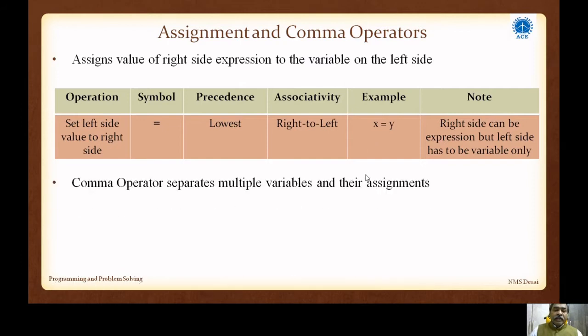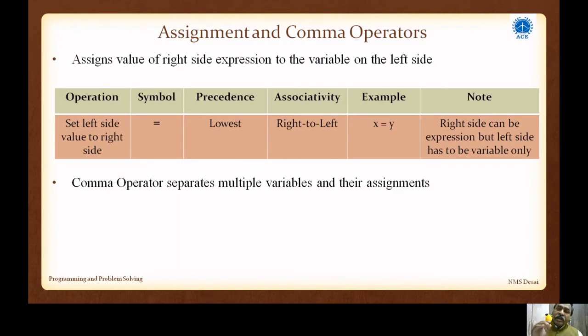Right? And there is another operator called the comma operator, which is used to separate different expressions or different variables. At the time of declaration of variables in the programming language, multiple variables can be separated by comma, but they should belong to the same data type, homogeneous data types.